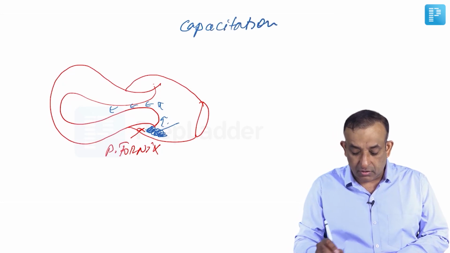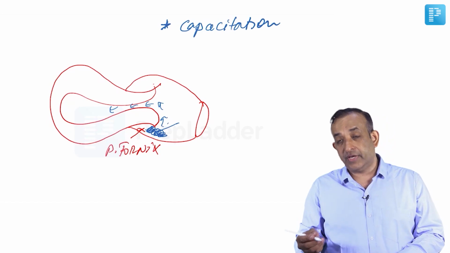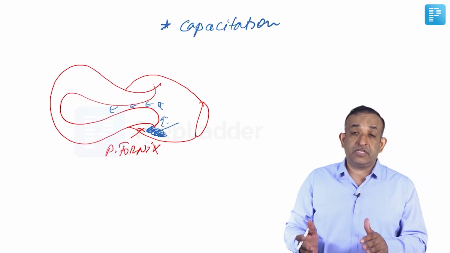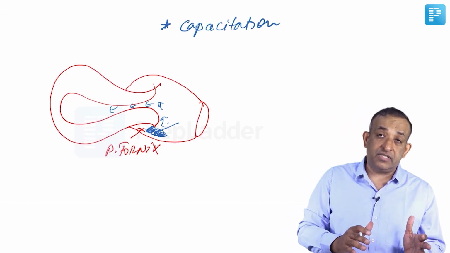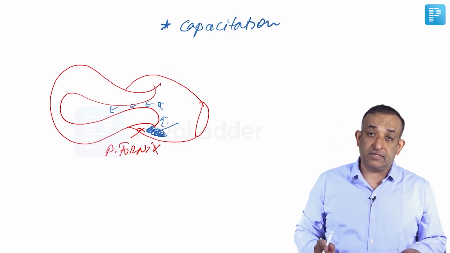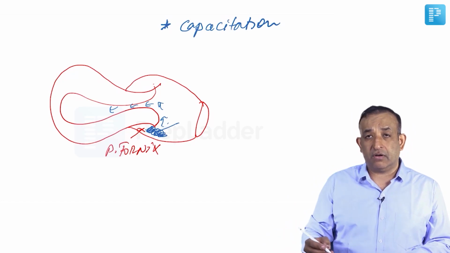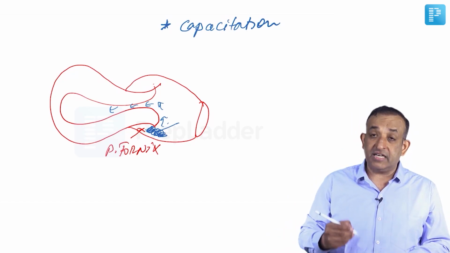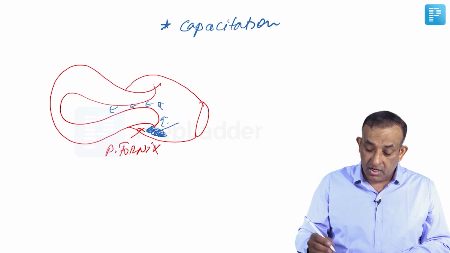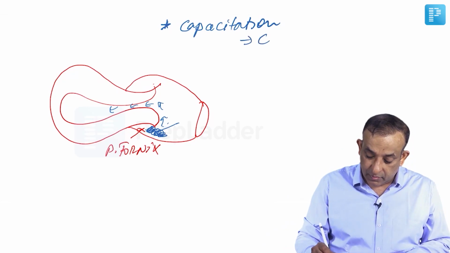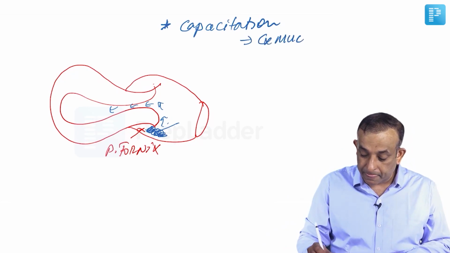Now, there is a controversy recently from the last 1 or 2 years. We've been reading a lot more books, and the physiologists have come up with some more explanation on this. So, traditionally, even in my book right now, Novak's Gynecology, we know that the sperms get ready, that is capacitation, in the cervical mucus.